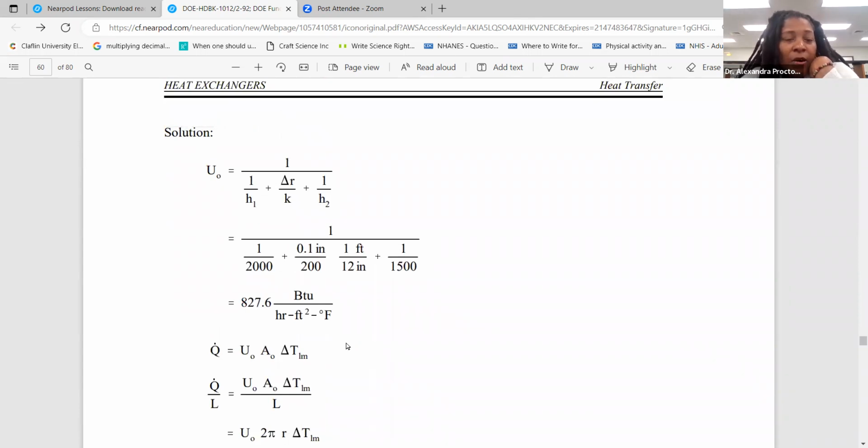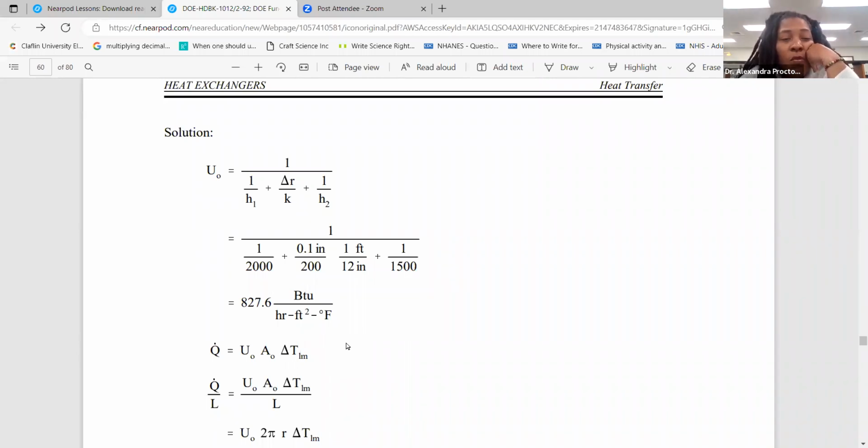Okay, so U is equal to 1 divided by 1 over H1 plus delta R over K plus 1 over H2. And then they put in a conversion factor as well because they need to convert from inches to feet.